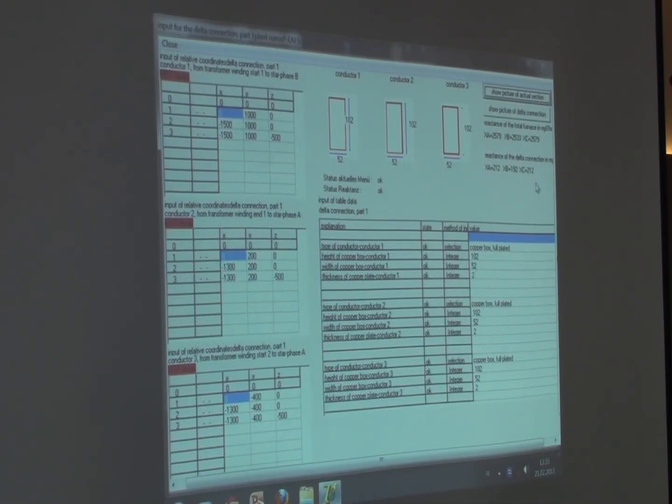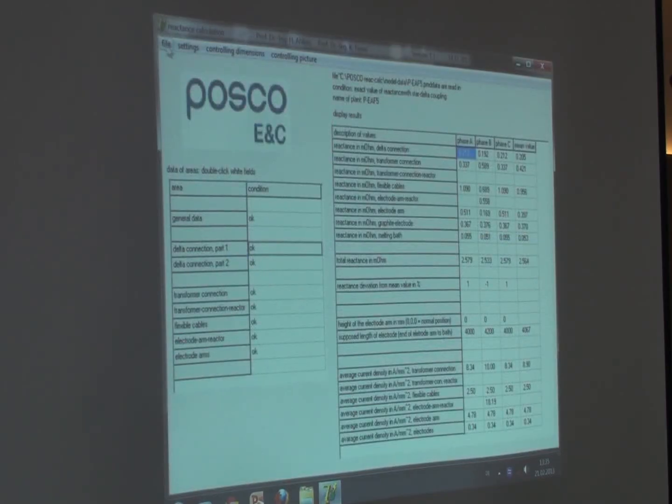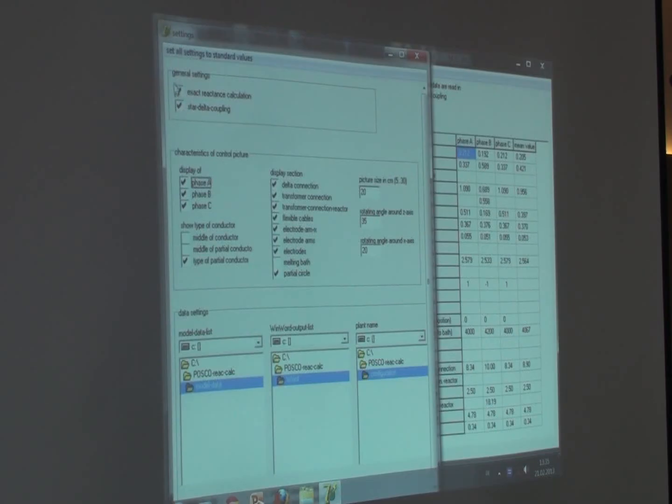Not exactly the same, and we have 2 methods of reactance calculation in the star-delta coupling, and I will show what I mean. I worked with this complex equivalent circuit many years ago.